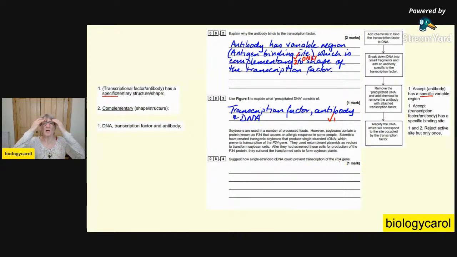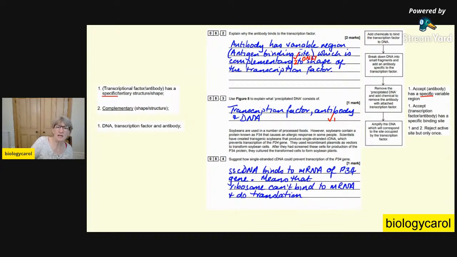Well, I'm thinking, okay, single-stranded complementary DNA. If it's single-stranded, that means it could bind by complementary base pairing to the messenger RNA, because messenger RNA is single-stranded. It can't bind to the DNA, DNA is double-stranded. Two single-stranded nucleic acids can bind to each other if they've got complementary base pairs.